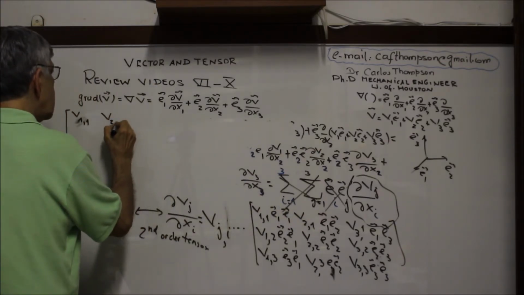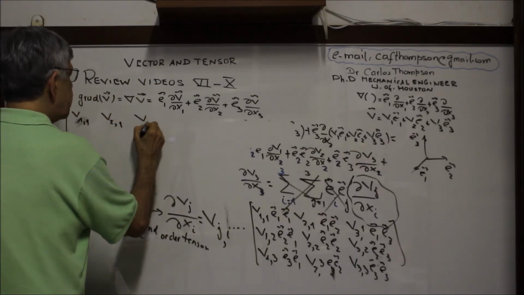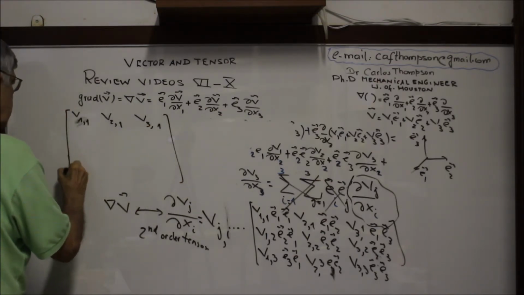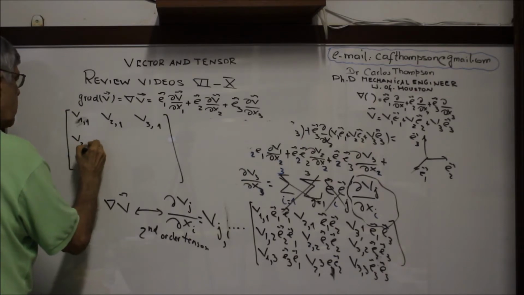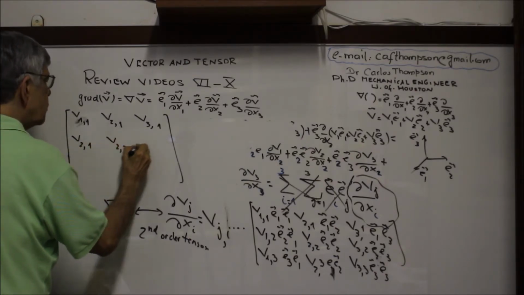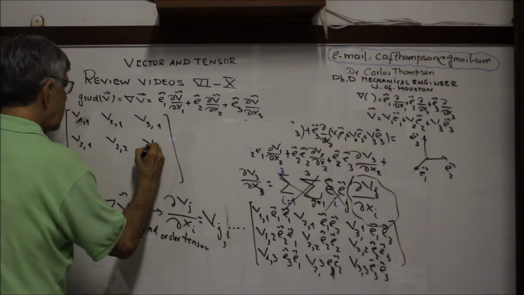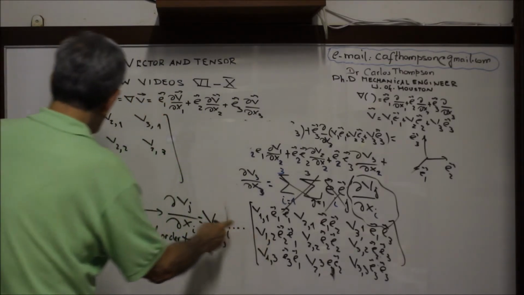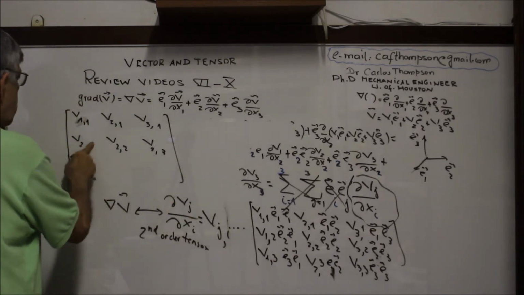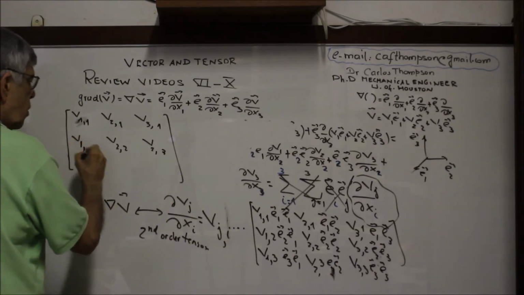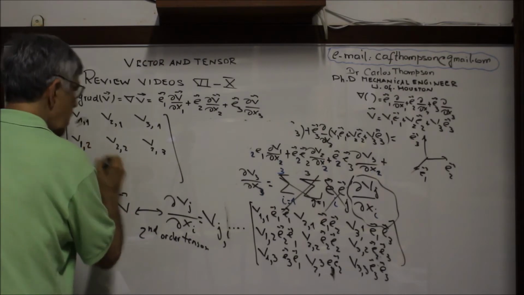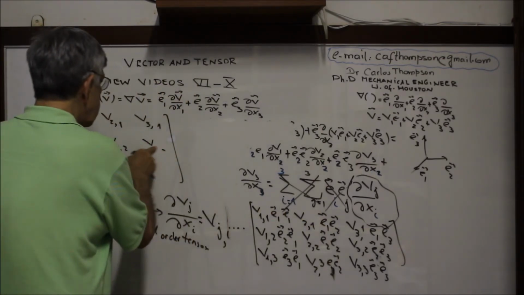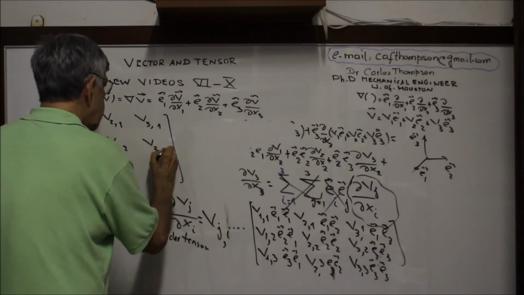Here will be v2,1, v2,2, and v2,3 in this case. This is v1,1, v1,2, now v2,2, and v3,2.